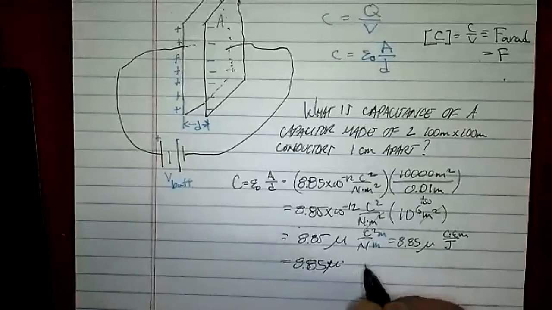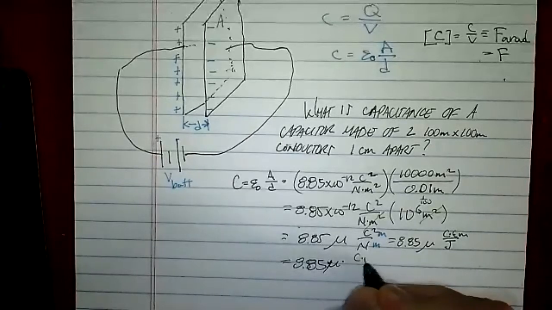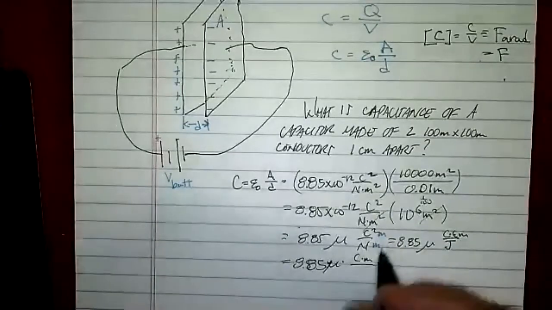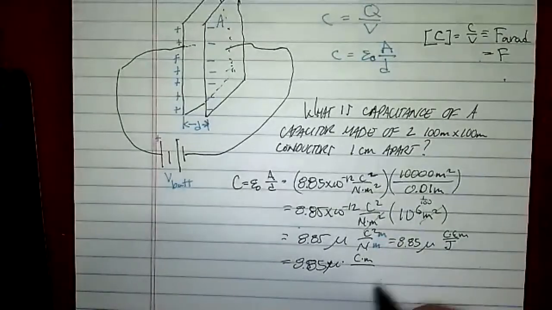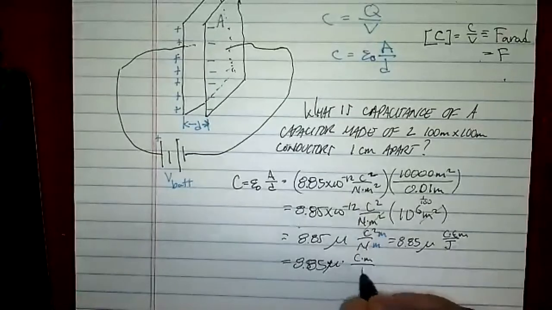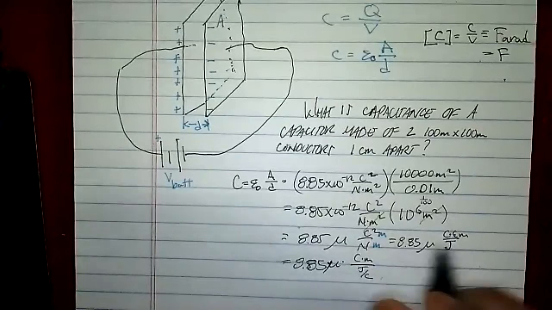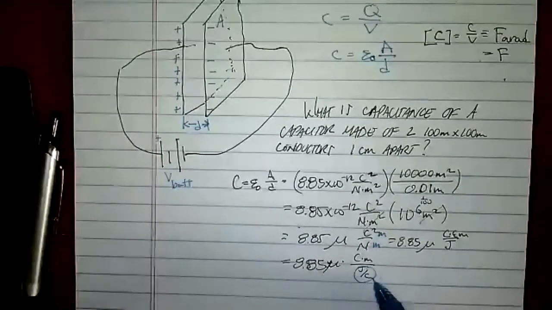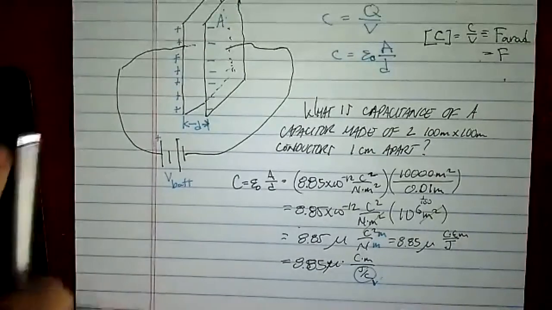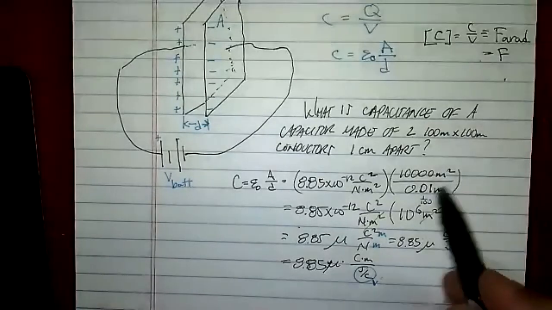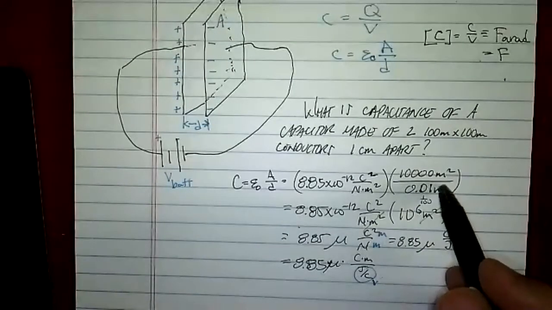micro times Coulomb meter over, oh, no wonder I wasn't supposed to have meters squared there. The meters were actually gone. Oh, no, I know what it is. So the Coulomb meter that's left there would be over a joule per Coulomb, but a joule per Coulomb is just a volt. Right? And, oh yeah. So yeah, this square did cancel out with that, but I still had another meter down there.